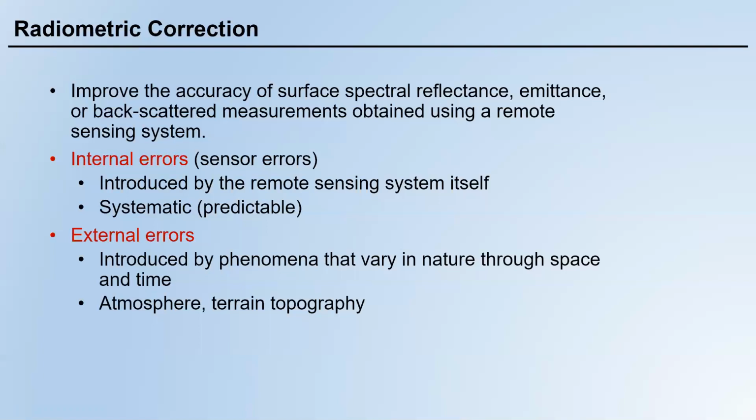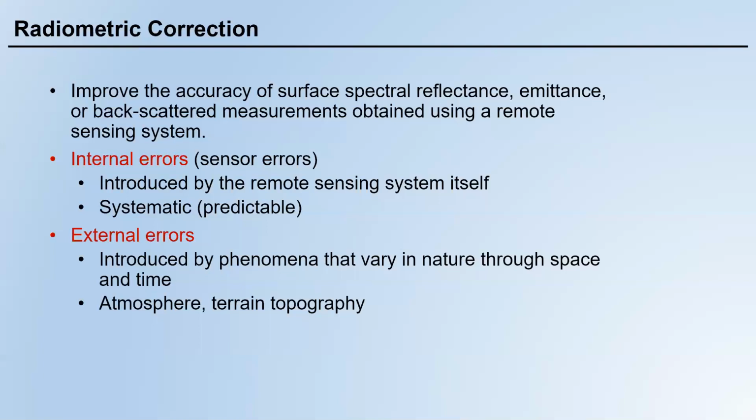External errors are from phenomena that vary in nature through space and time. For example, at the very beginning of this lecture, I introduced the travel of EMR through Earth's atmosphere. It's a very complex process, and EMR interacts with different materials and particles in Earth's atmosphere.